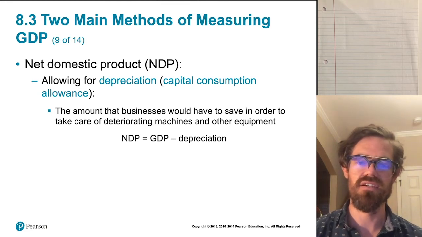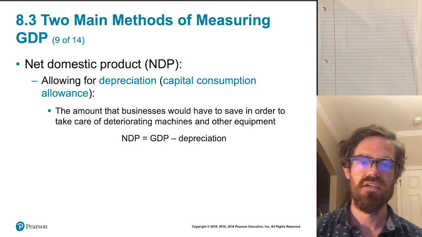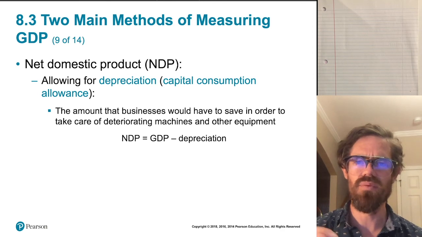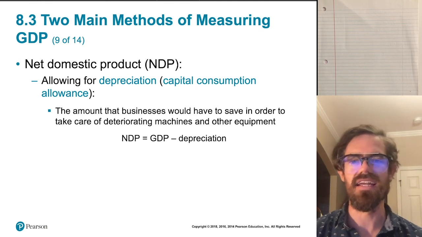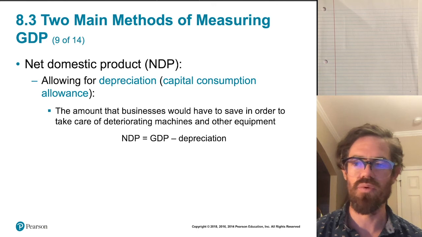So if we subtract that from GDP, we get NDP. We might be interested in looking at this because maybe we want to ignore production that is dedicated to repairing worn out buildings and machinery. So what we're really interested in is net domestic product.